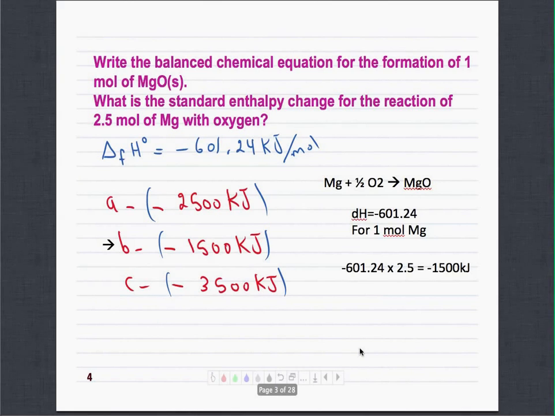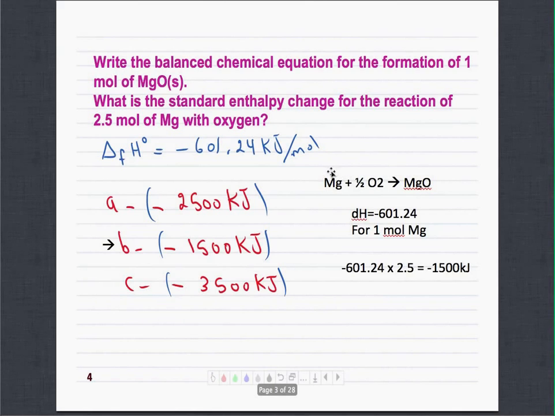First of all, it's asking me to write the reaction of formation for magnesium oxide, solid. I know that magnesium belongs to group 2, so it's a metal and a solid in its elemental form. I know for sure that oxygen in its elemental form is diatomic, it's O2, and I'm gonna balance the equation to have 1 mole.